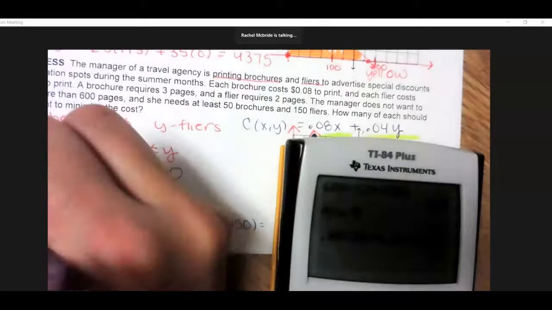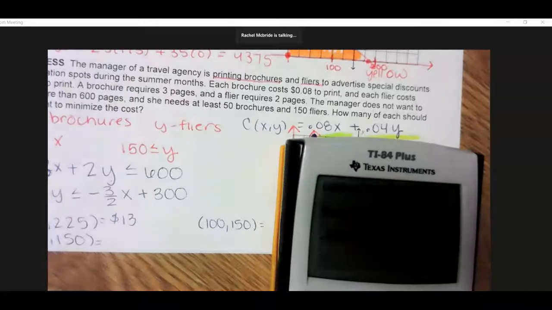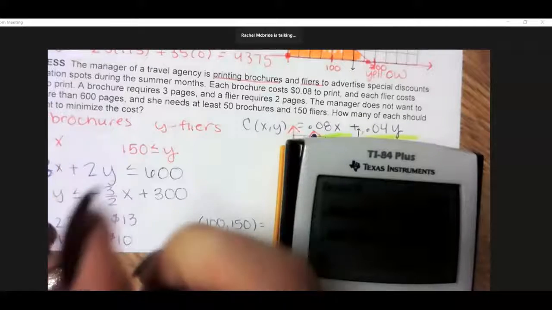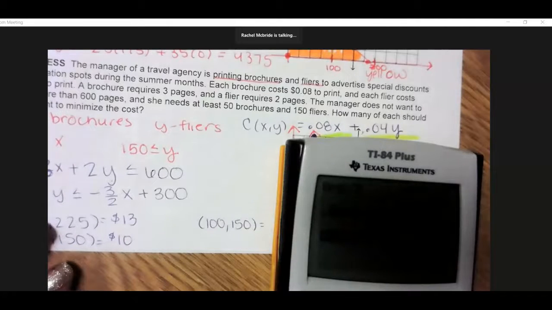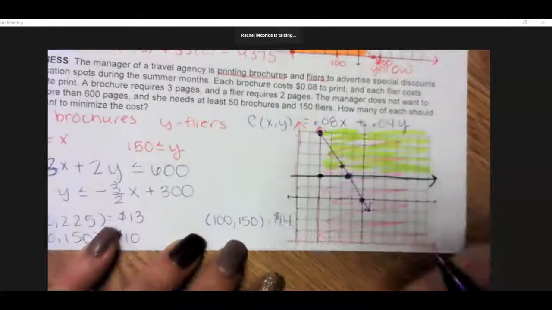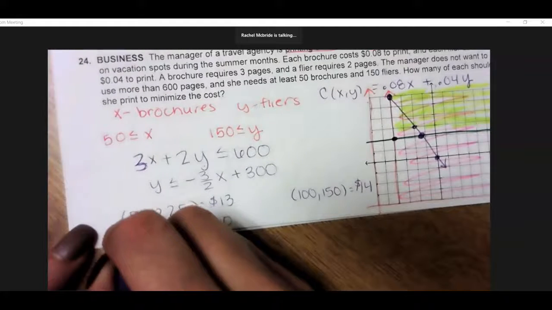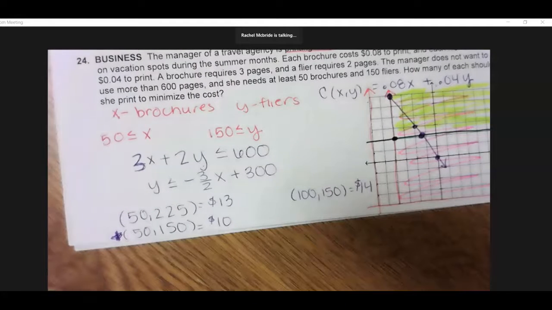To produce 50 brochures and 225 flyers is $13. To produce 50 brochures and 150 flyers is $10. And to produce 100 brochures and 150 flyers is $14. So to minimize your costs, we're going to produce the minimum number possible.